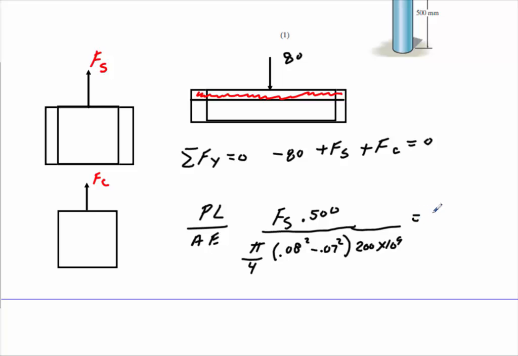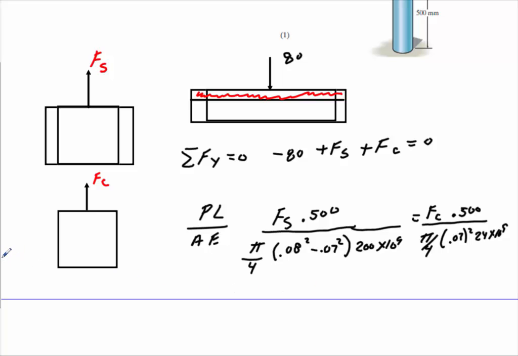We'll set that equal to the force in the concrete times its length, which is 0.50, over pi divided by 4 times the diameter, which is 0.07, squared, times E, which is 24 times 10 to the 9th.